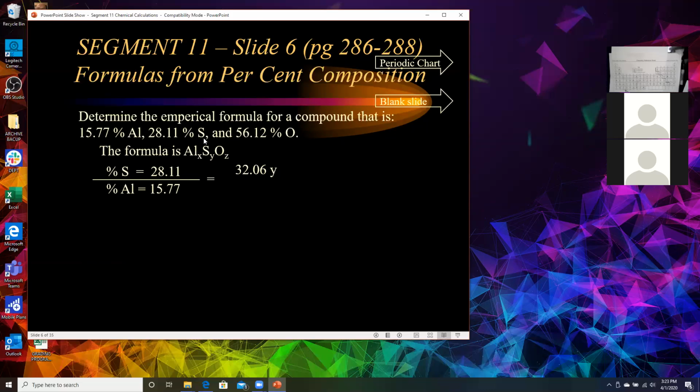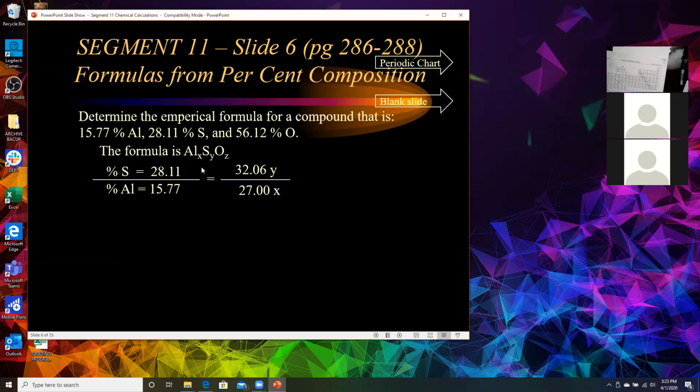So sulfur, there's Y of them, and the atomic weight of sulfur, again, if you look on the periodic chart, is 32.07. And then the sulfur percentage was 28.1.